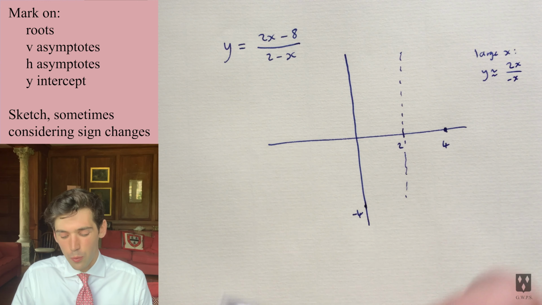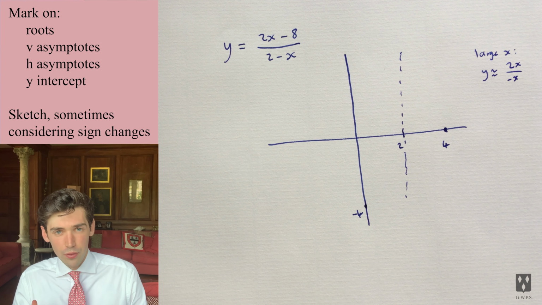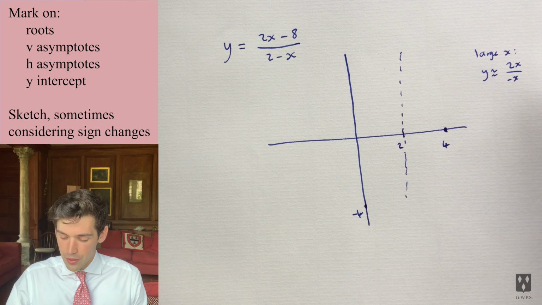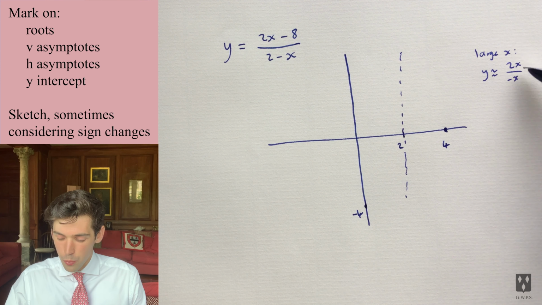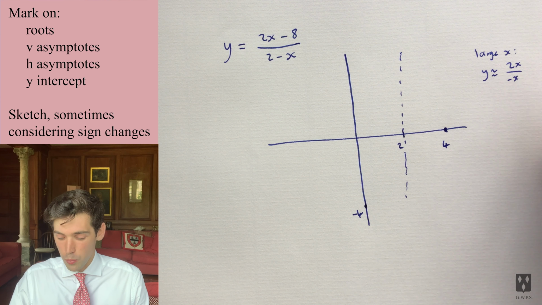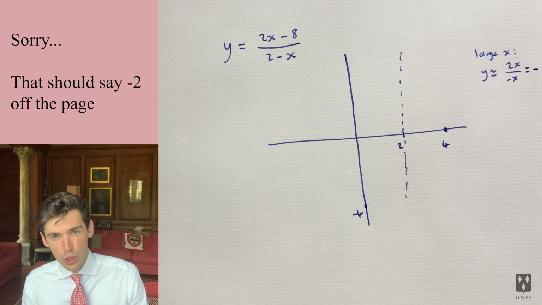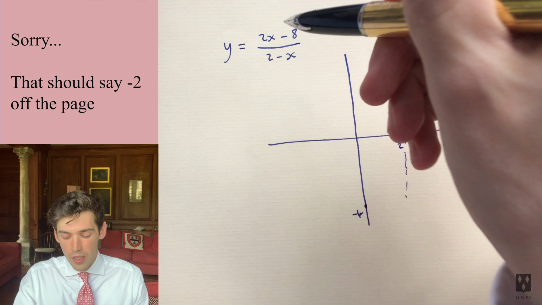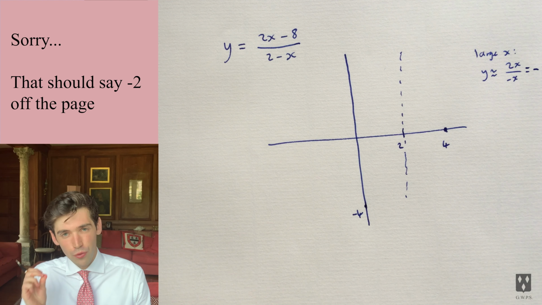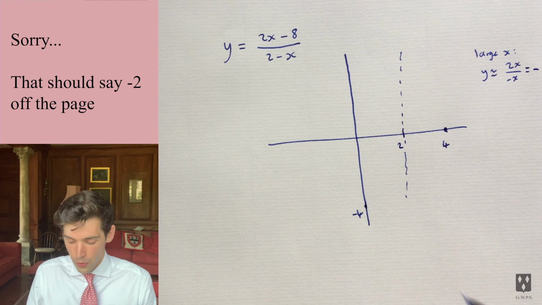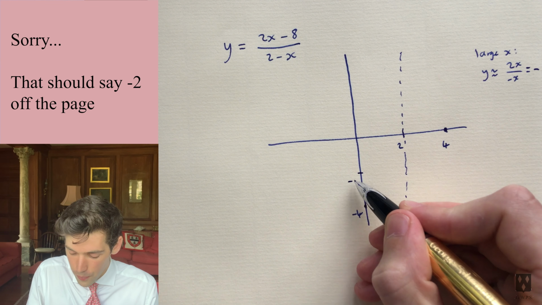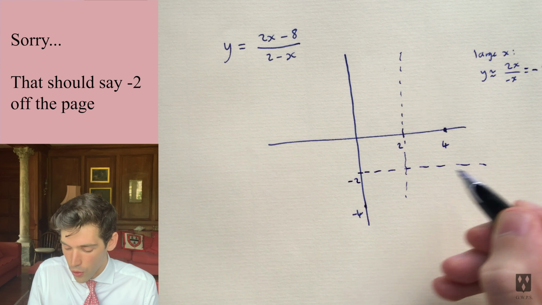We can ignore the minus 8, we can ignore the 2. They become irrelevant when x is really big. And when you've got this, we can just cancel the x's like you would normally. So this becomes minus 2. So in the long term, if you put a really large number in here, you'd get something very close to minus 2. So let's mark on minus 2. And this is a horizontal asymptote.